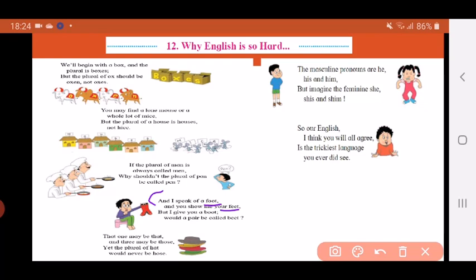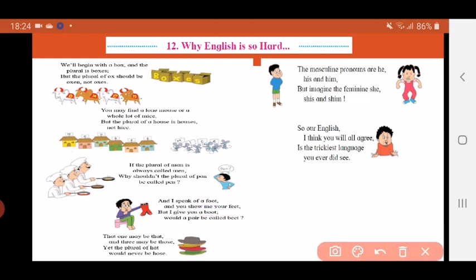But if I give you a boot, boot means boots, just like rain boots. Would a pair be called beat? So just like foot plural is feet, can boot plural be beat? Again it's wrong. Boot becomes boots with an S.